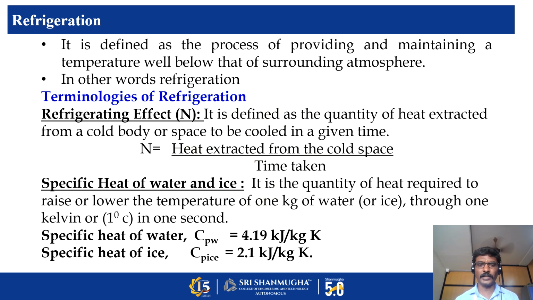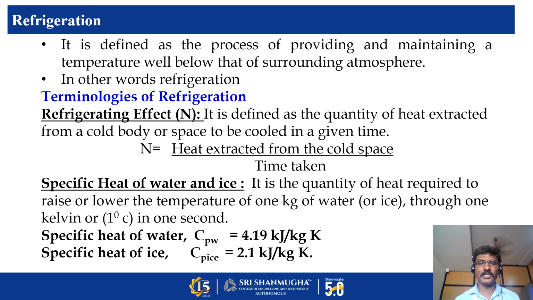Specific heat of water and ice. It is the quantity of heat required to raise or lower the temperature of 1 kg of water or ice through 1 Kelvin or 1 degree Celsius in 1 second. So the specific heat of water, that's a standard value, is 4.19 kilojoule per kg Kelvin, and the specific heat of ice is 2.1 kilojoule per kg Kelvin.